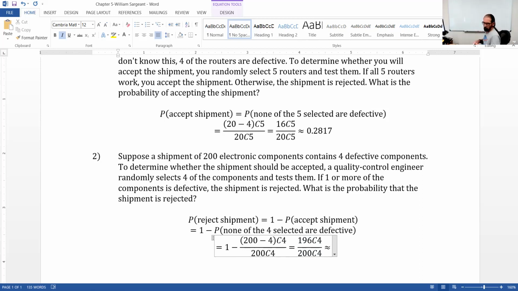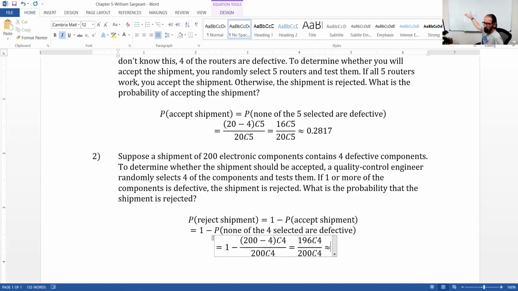As I showed earlier, nCr is equal to nPr over r factorial. And because I had the same r in the numerator and denominator, I have 4 factorial in both of the mini fractions.